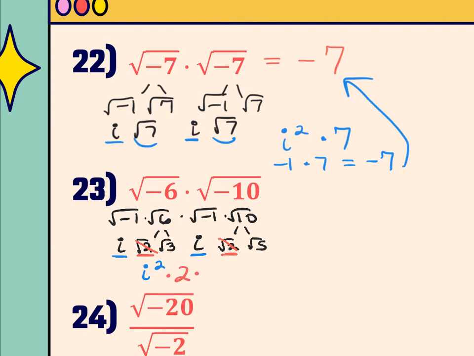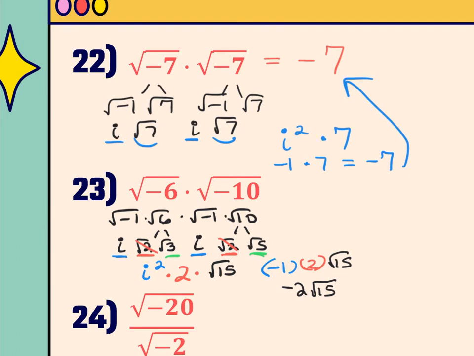The 3 and the 5, they don't pair up, so I multiply them back, and I get square root 15. Remember, i squared is negative 1 times the 2 that came out, and then the root 15. So the final answer here is negative 2 square root of 15.